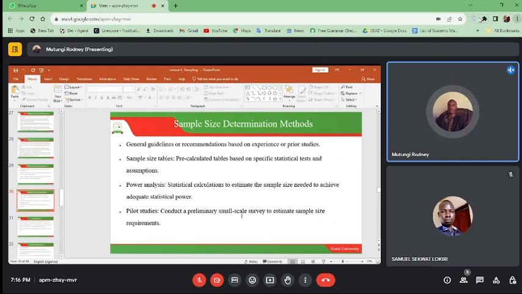You can use the other sample size that you have been using, and then you get the required sample which you are going to use to evaluate or monitor your program.